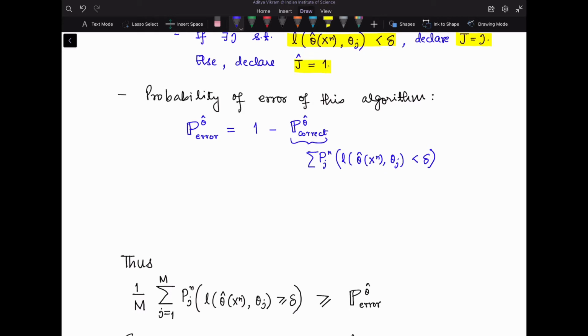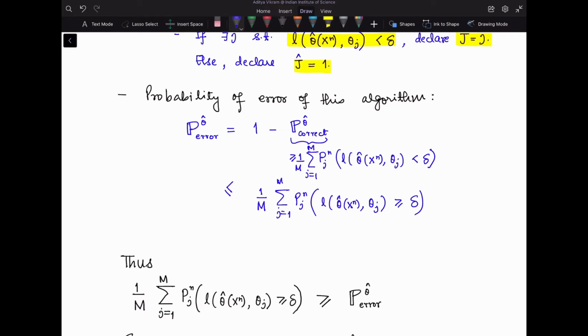And since we are interested in the average probability of error, we'll just average this over all j's. So your probability of correctness is at least this. Your probability of error is one minus this, which is basically the probability that you are away from theta j by greater than or equal to delta.